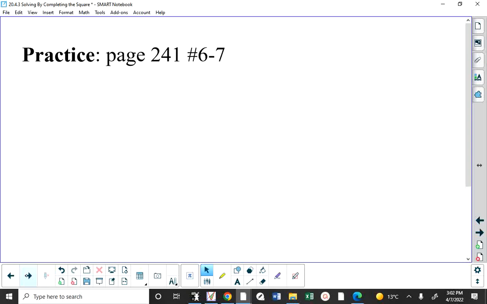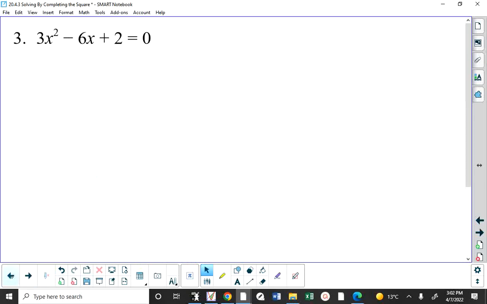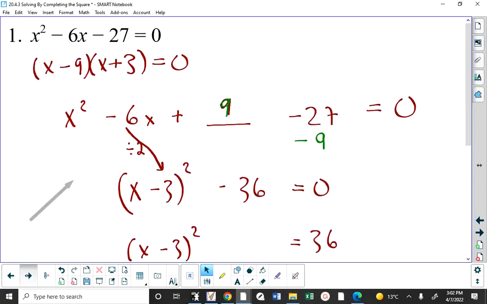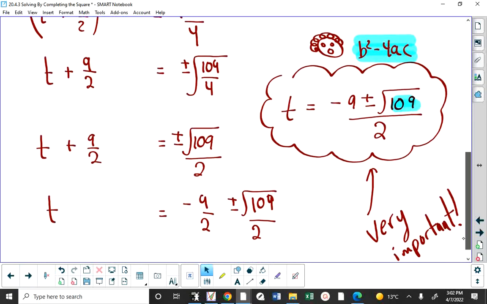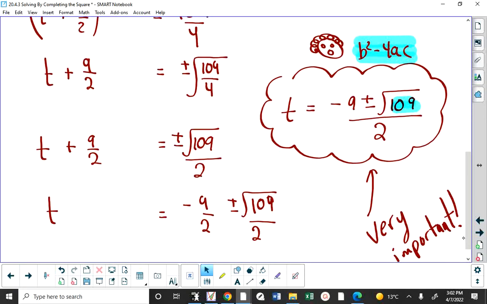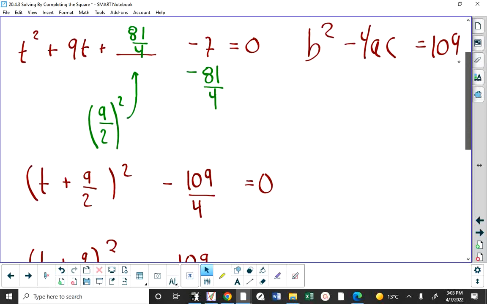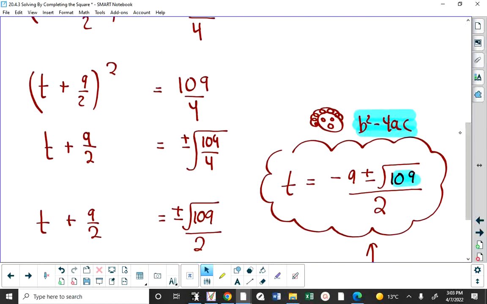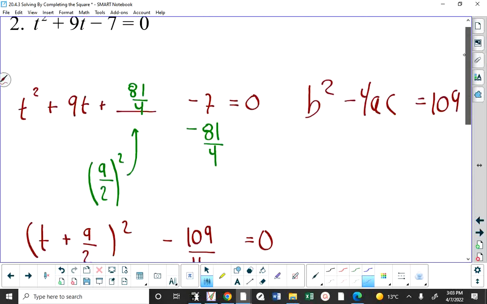And if you're starting to maybe think ahead, remember I said, man, this is important, this one here. Look at the front cover of your unit handout. This was for solving the equation t squared plus 9t minus 7.